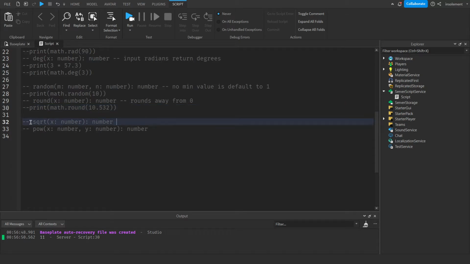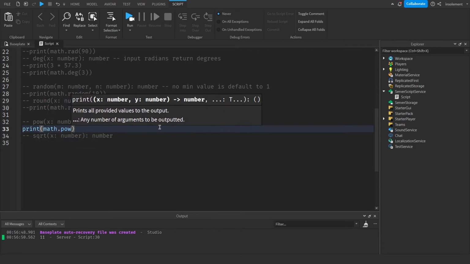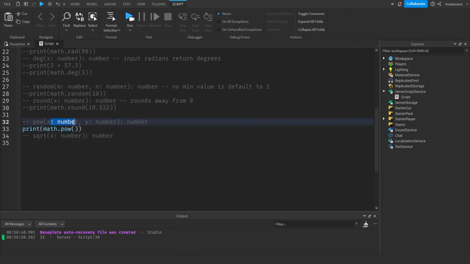So our next function is math.sqrt. Actually, let's do power first. This would make more sense. So power, I'm sure you've heard of it. So math.pow takes in a number, and it takes another number, and it returns to us a number. So the first number is going to be our base.